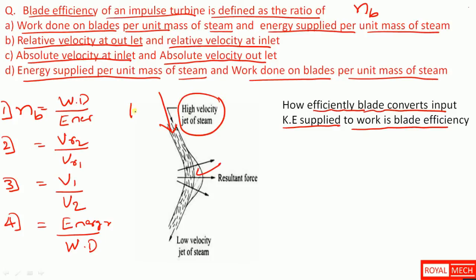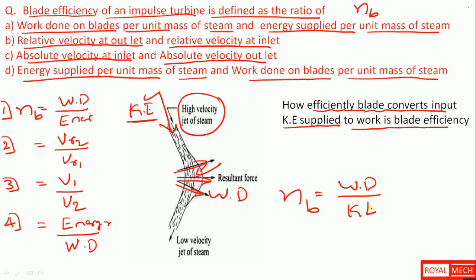So kinetic energy is given at the inlet and it is converted into work by rotating the blades efficiently. So kinetic energy is inlet, work done is outlet. So blade efficiency we can write as work done upon kinetic energy supplied.